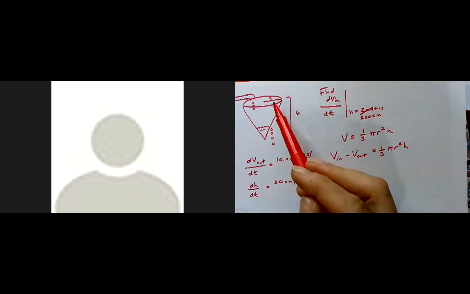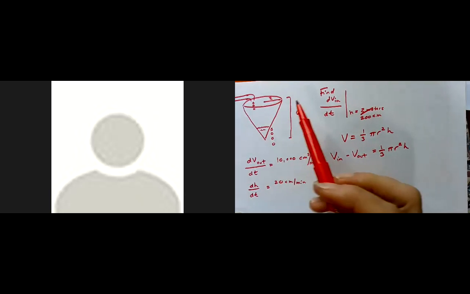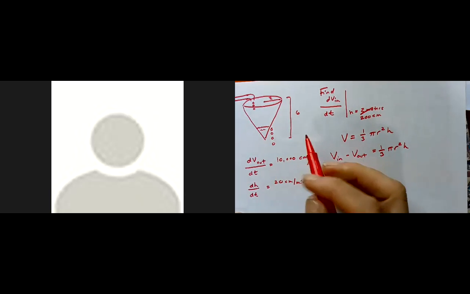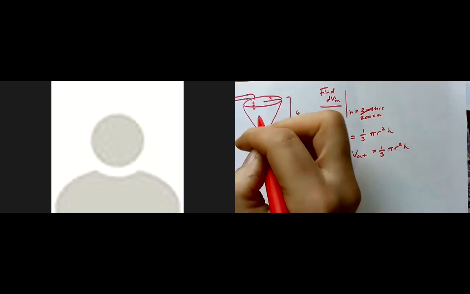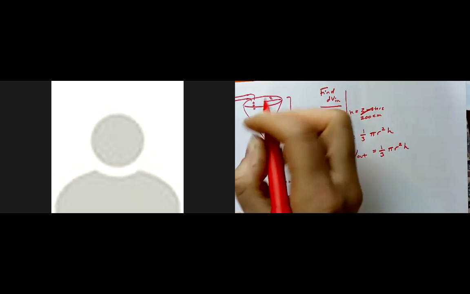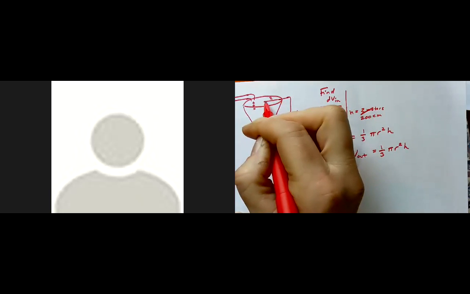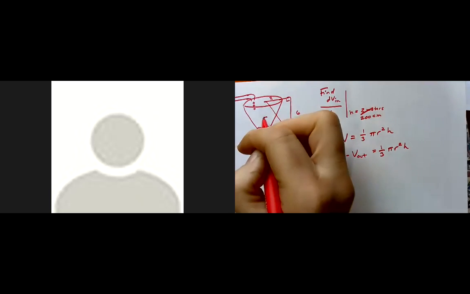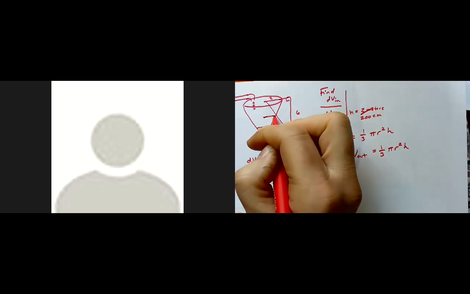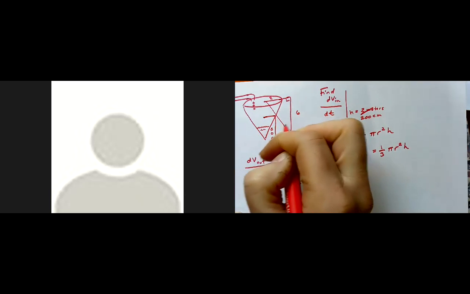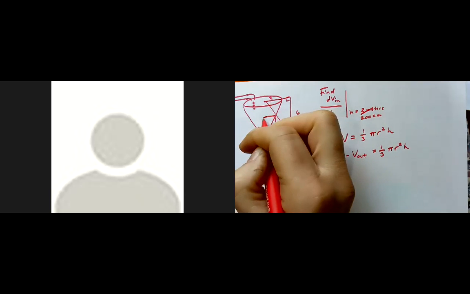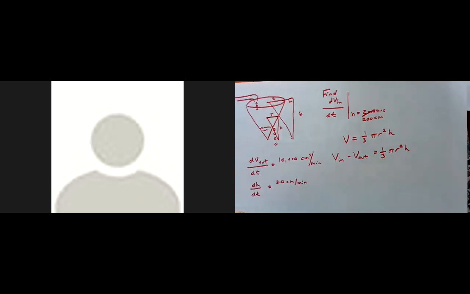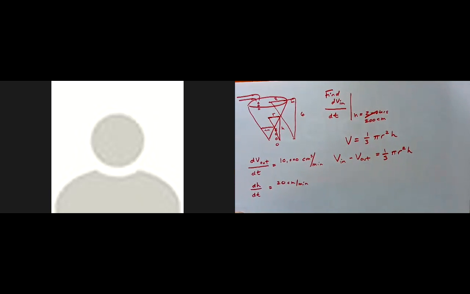They gave me some really crucial information over here. They said that the radius was 2 and the height was 6. If I connected this, that's a right triangle. If I were to draw another one where these are parallel, and this is my R and this is my H, then I'm going to have similar triangles.